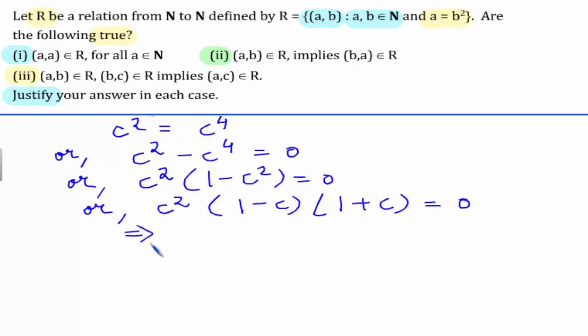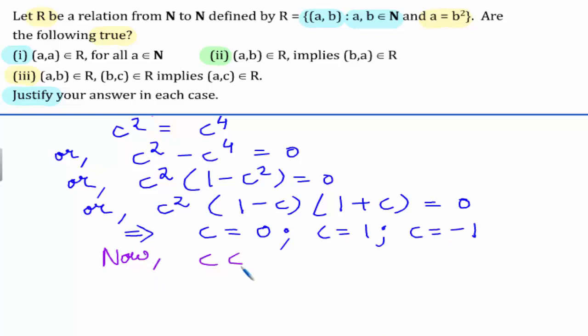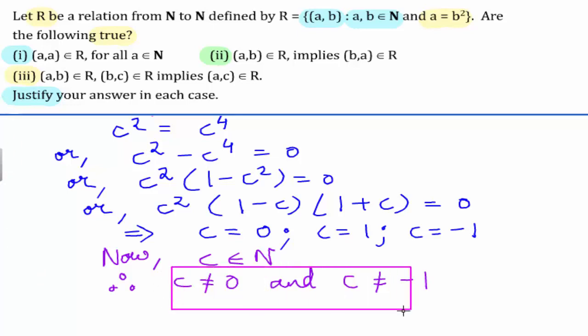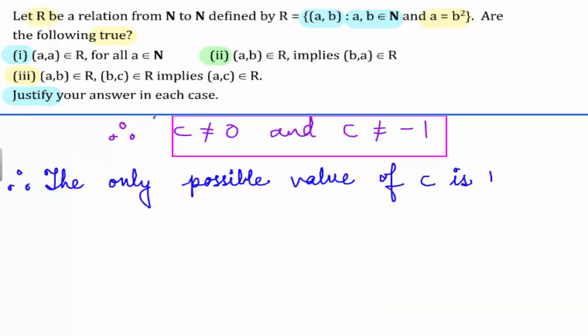So this implies c = 0, or c = 1, or c = −1. Now we know that c belongs to the set of natural numbers N. So c cannot be equal to 0 and c cannot be equal to −1. Therefore, the only possible value of c is 1.